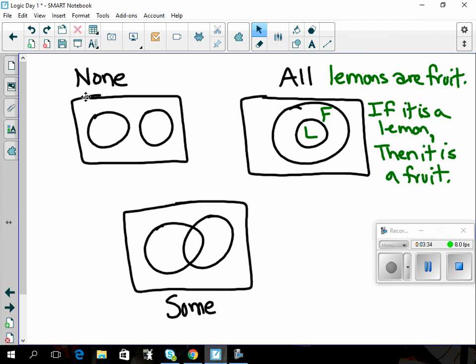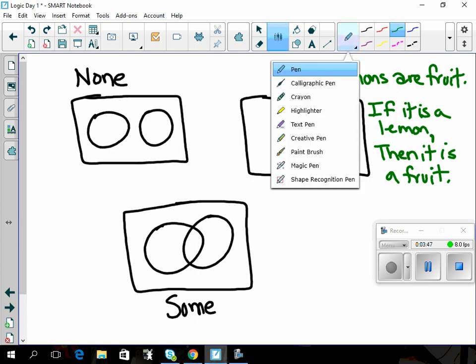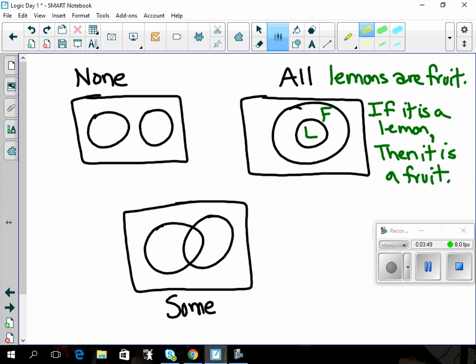Anytime the word all is written there, you can translate any all statement to an if-then statement. The if-then statement is very important for what we're going to be doing today. What follows the if is something specific, and what follows the then is something specific. This is stuff I would be writing down, folks, because this is important, okay?